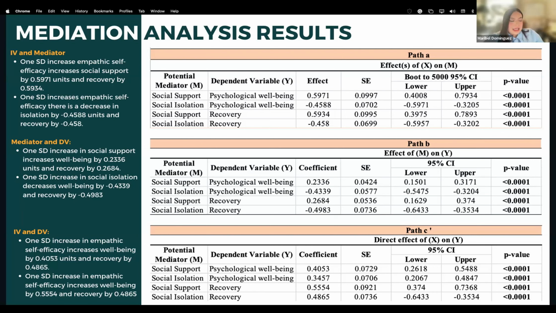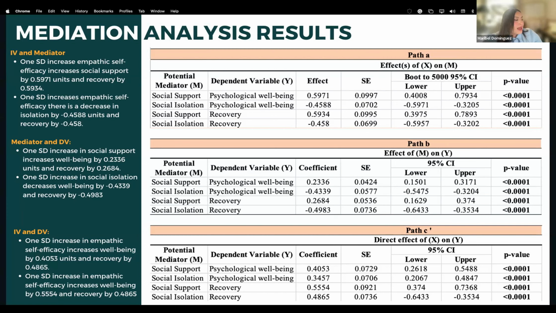Then for path C prime, this path is the one that goes directly, not taking into consideration the mediator, it's just taking into consideration the X and the Y, or the independent variable and the dependent variable.